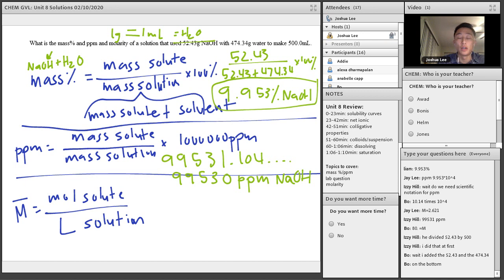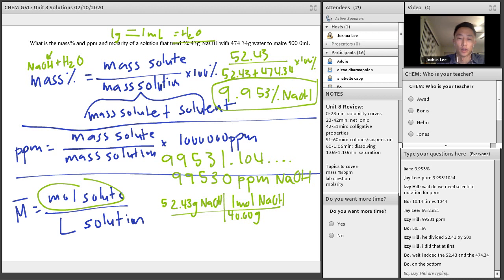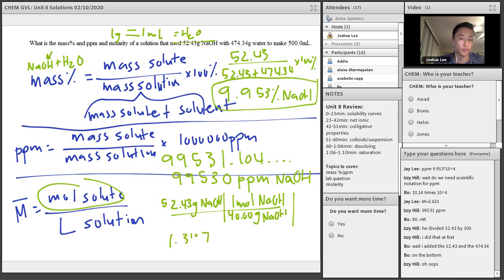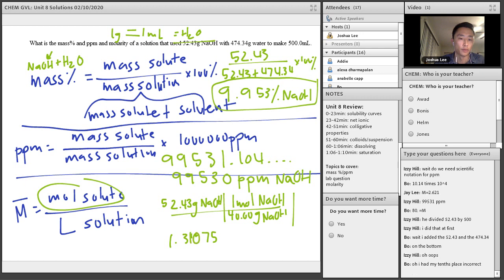Then to find the molarity of the solution, you need to find moles of the solute. We only have grams. The first thing to do is to convert 52.43 grams of NaOH into moles. Molar mass of NaOH is 40 grams per every 1 mole, after I add up the Na plus O plus H. And you get 1.31075 moles.